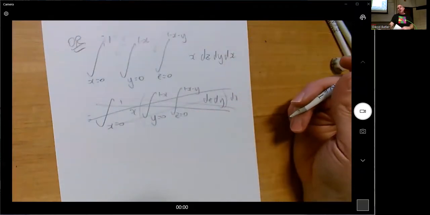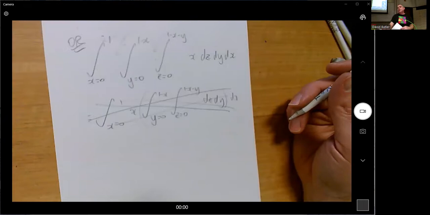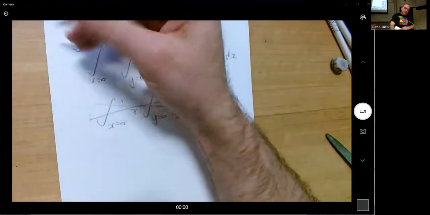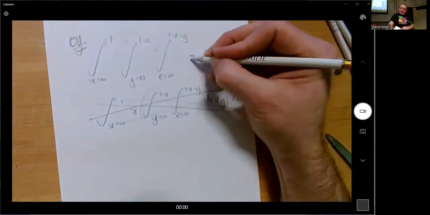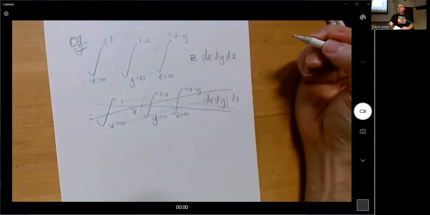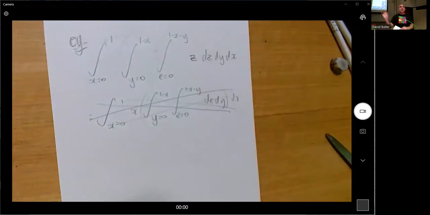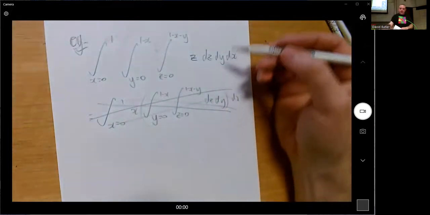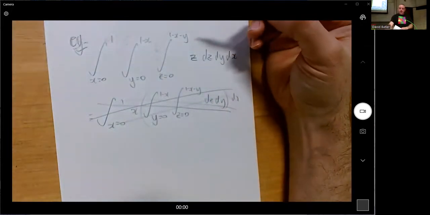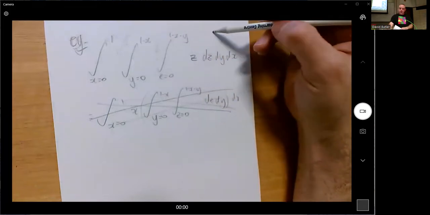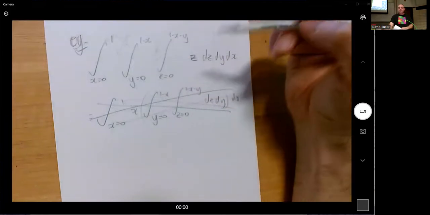If I had located it differently, I just want to try something else. If it had been Z that I was averaging instead of X, the answer should have been the same because it's symmetrical in every direction. But if it had been this, then no, still wrong.